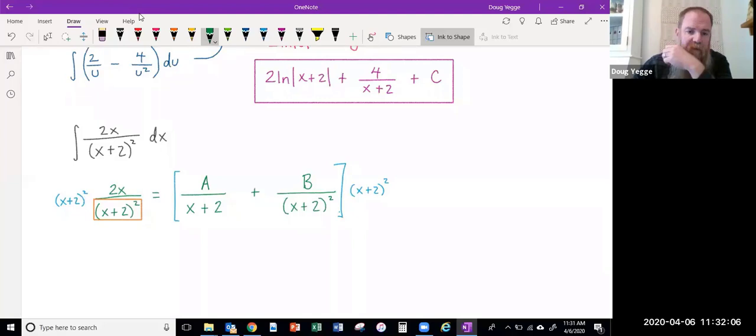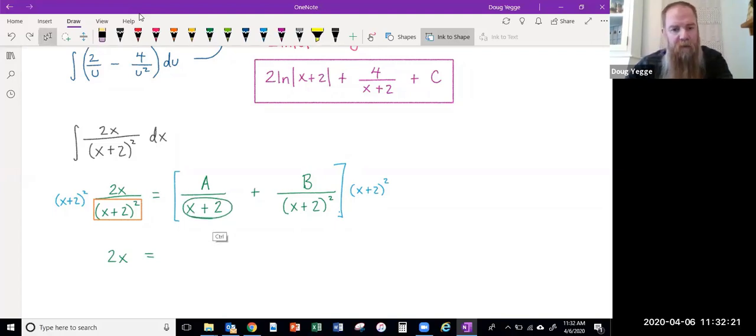All right, so that gives us that 2x is all that's left on the left side, should equal, and now notice that if I have a single x plus 2 and I'm multiplying by x plus 2 quantity squared, then that must mean that I'm left with a times an extra x plus 2, while over here, all I'm left with is b.